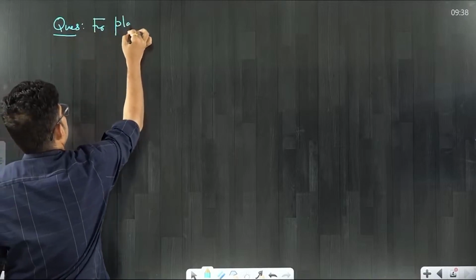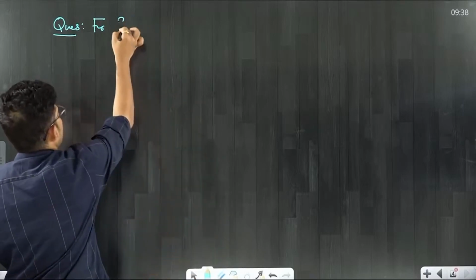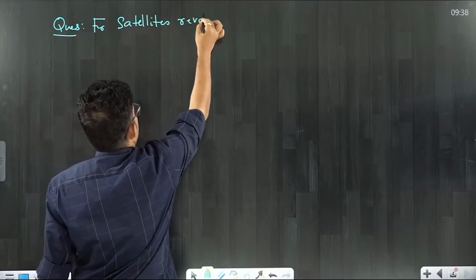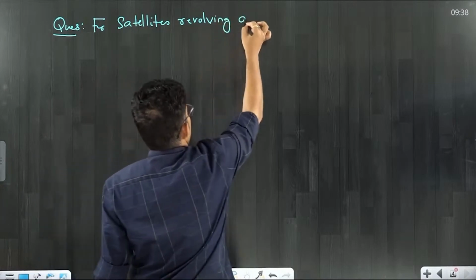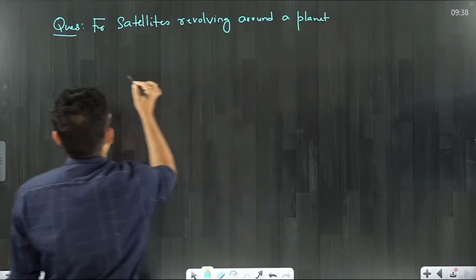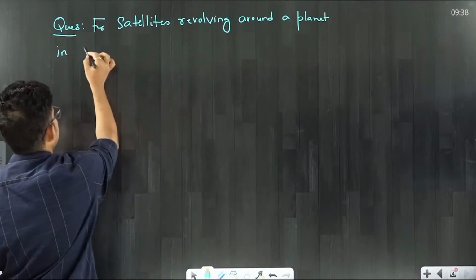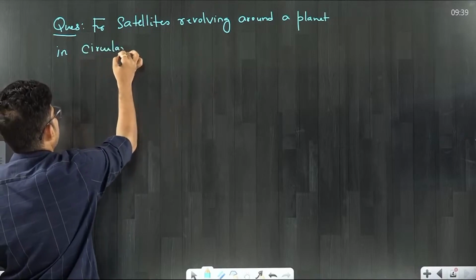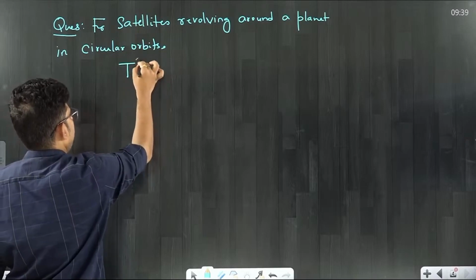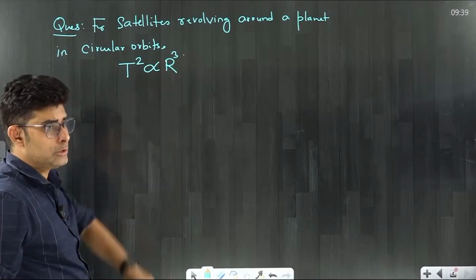For satellites revolving around a planet in circular orbits, you will come to know in the gravitation chapter a formula, T square directly proportional to R cube.